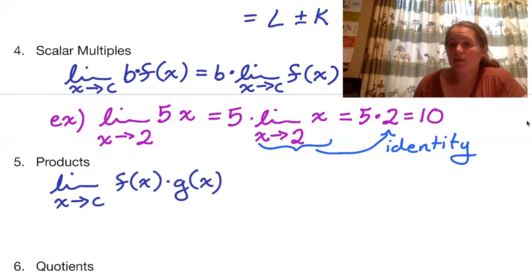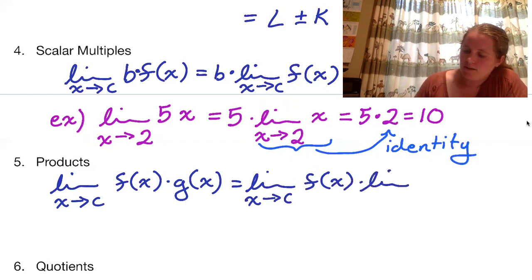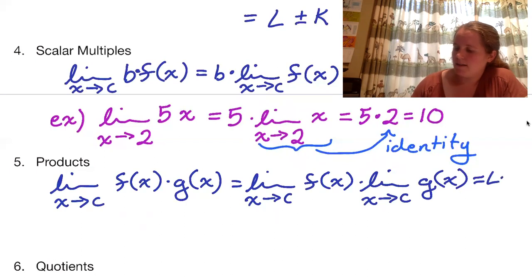Turns out just like we could split a limit across addition and subtraction, we can do the same across multiplication. This is simply the limit as x goes to c of f of x times the limit as x goes to c of g of x, or in this case, L times k.